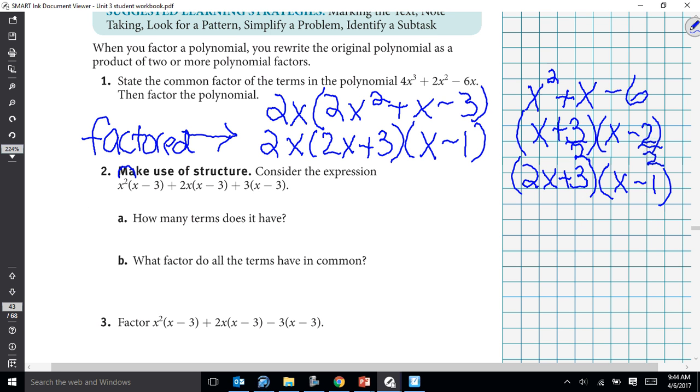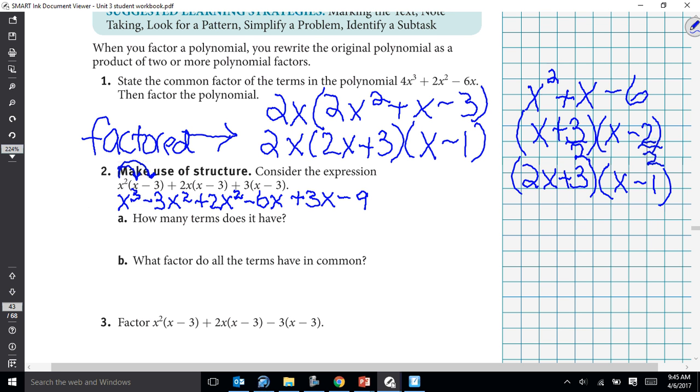So this first one, we're going to distribute that x squared. So what's x squared times x? X squared times negative 3. And then for this next one, when we distribute, what do we get? And then for the last one? All right, so can we combine them? Yeah.